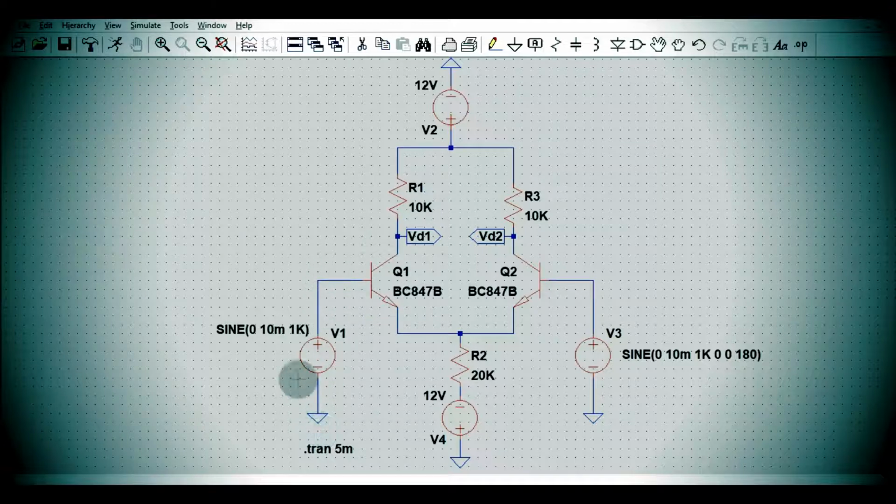Here you can see we have an input voltage which is 10 millivolt and 1 kilohertz, a sinusoidal input voltage. Then we have this Q1 transistor, BC847.